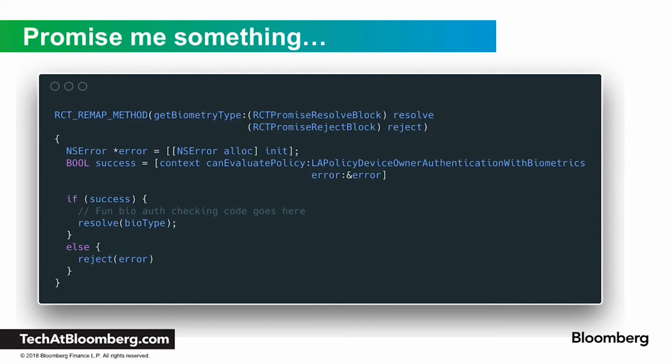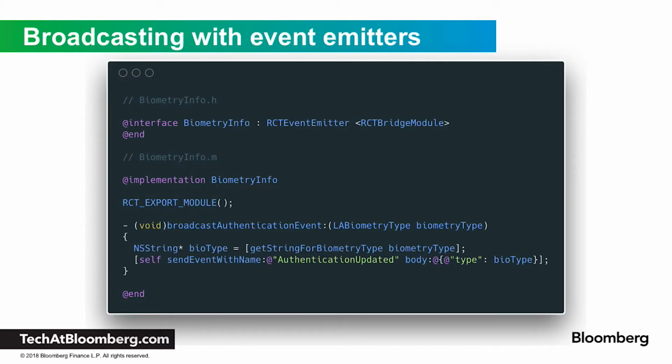I'm not going to show you a promise because I'm sure you know what that looks like already. And you might want to do something a little bit different. So instead of using callbacks or promises, you might want to be monitoring for events in iOS or Android. So that's also possible. We can use event emitters instead. So that's a little bit different. On the actual module level, you have to declare it is an event emitter, as we have done at the top.